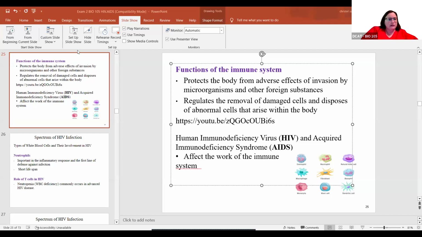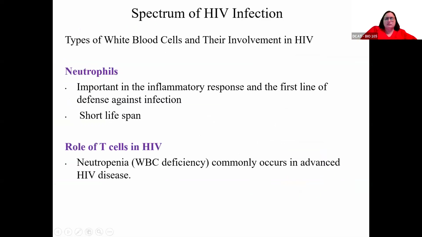All right, so we're going to move on and get back to the PowerPoint. Okay, so we're now finishing up PowerPoint 25. Okay, all right, so we're going to move on to PowerPoint 26. All right, so the spectrum of the HIV infection.